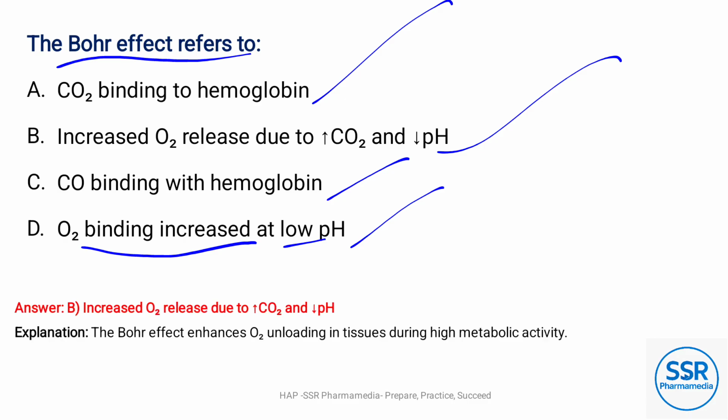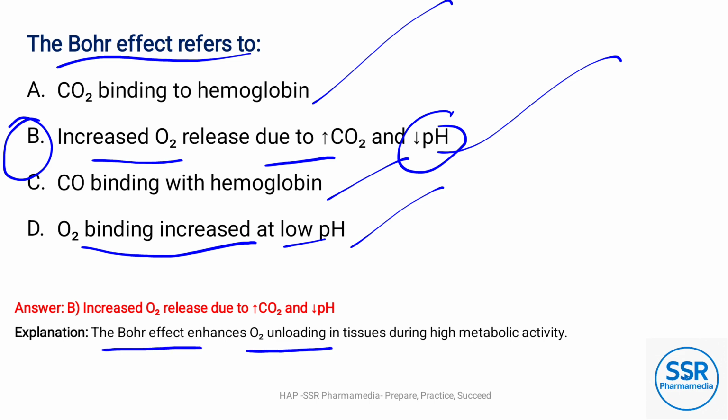So the answer is option B, increased oxygen release due to increased carbon dioxide and decreased pH. The Bohr effect enhances oxygen unloading in tissues during high metabolic activity.